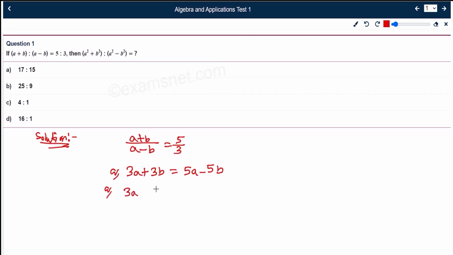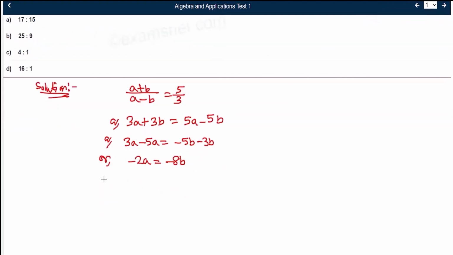So 3a, let's bring 5a to the left side, minus 5a, and minus 5b minus 3b. So it becomes minus 2a equals minus 8b. Now we can understand that the minus on both sides will get cancelled, and a equals 8b divided by 2, which is 4b. So a equals 4b.